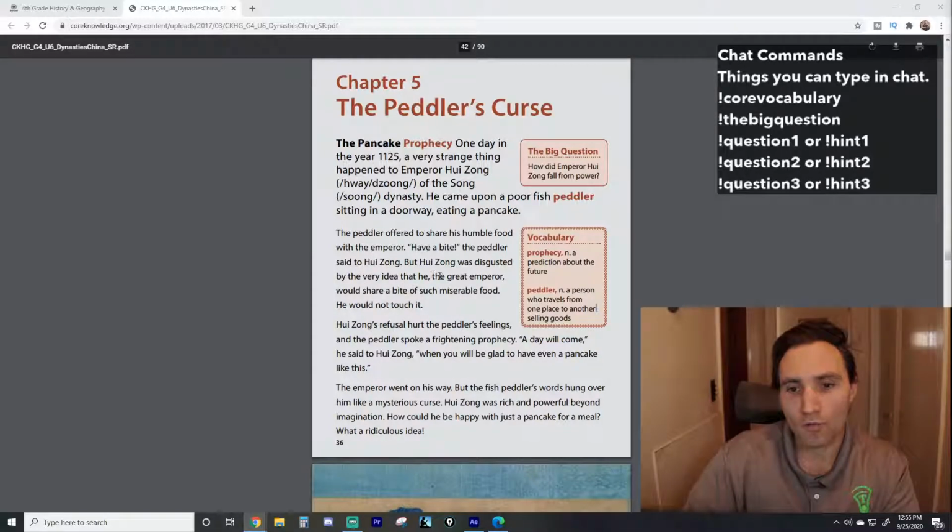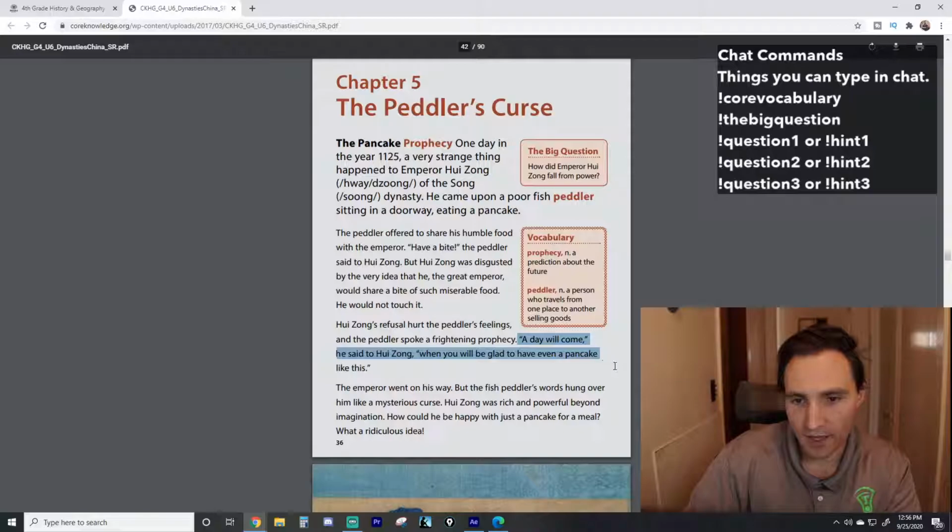Hui Zhong's refusal hurt the peddler's feelings, and the peddler spoke a frightening prophecy. "A day will come," he said to Wei Zhong, "when you will be glad to have even a pancake like this." So right there is the pancake prophecy.